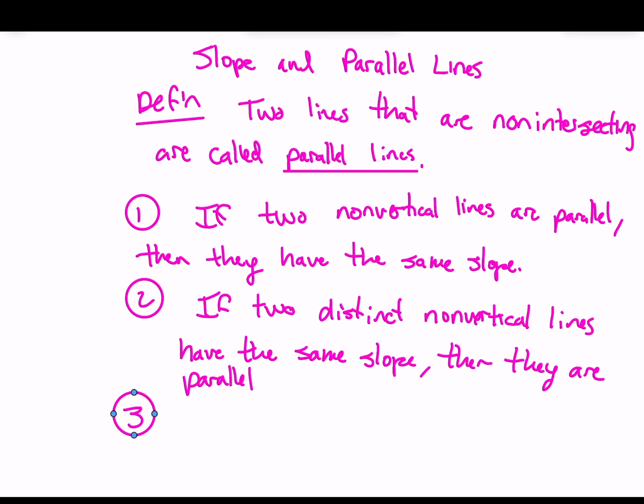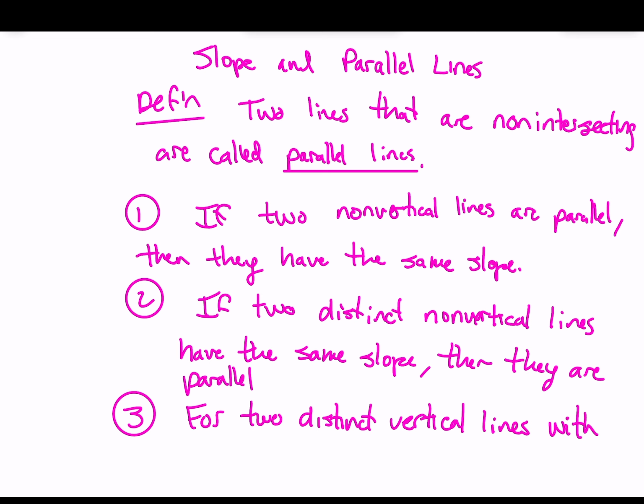And finally, for two distinct, meaning not the same or unique, two distinct vertical lines with undefined slope, the lines are parallel.